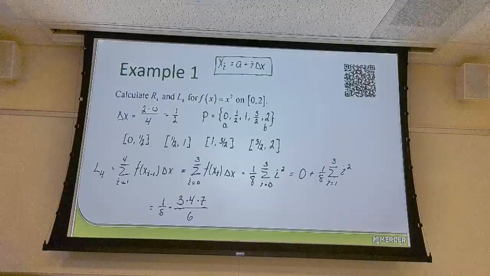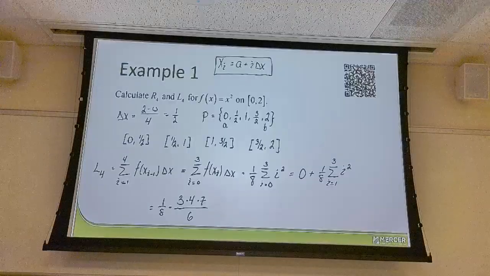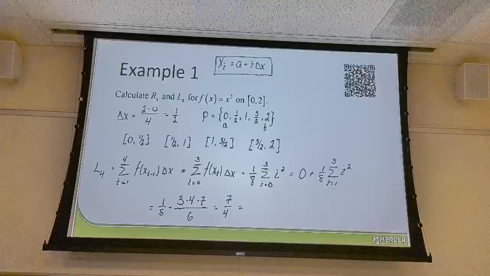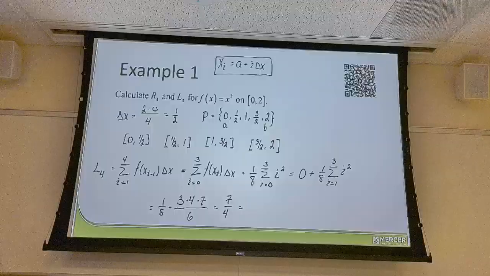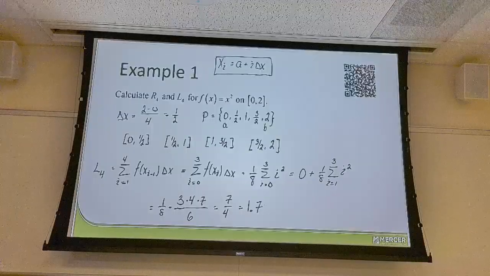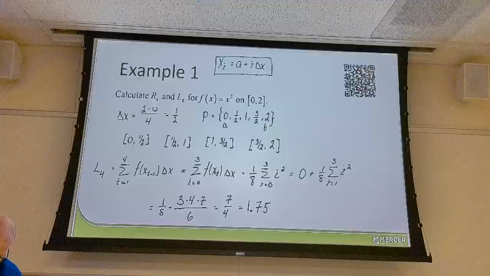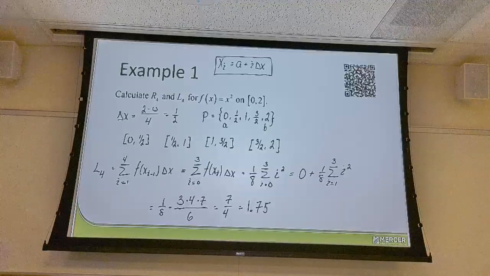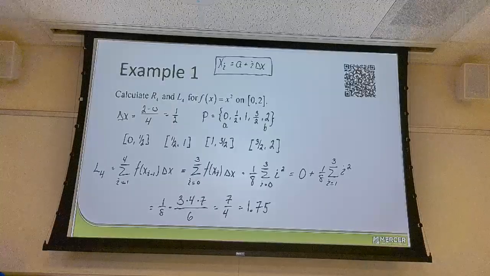What's 14 over 8? 7/4. And 7/4 is what, 1.75. So L4 is 1.75.